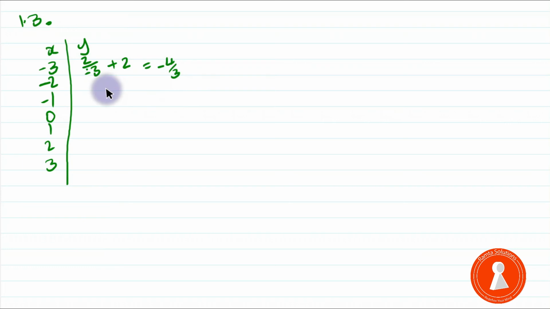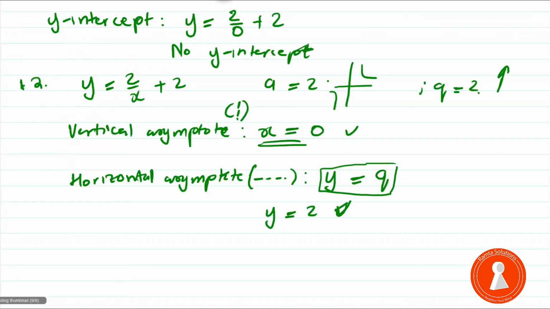Then 2 over minus 2 plus 2 is 1. Then for minus 2, y is 0. Did we get the y-intercept of minus 1 and 0? Let me confirm. Oh yes, we did indeed.